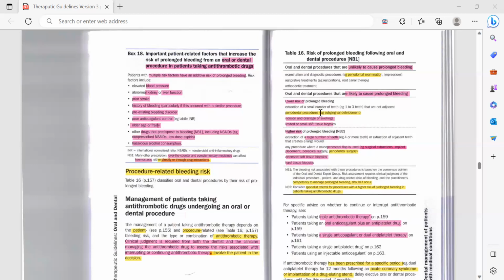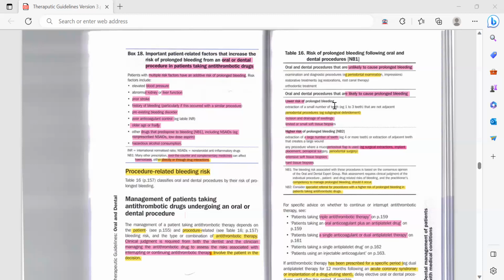If you are doing periodontal procedures, for example subgingival debridement, then there is a risk, but it is low risk. If you are doing any incision and drainage of swelling, it comes under lower risk. Or if there are any limited or small soft tissue biopsies.